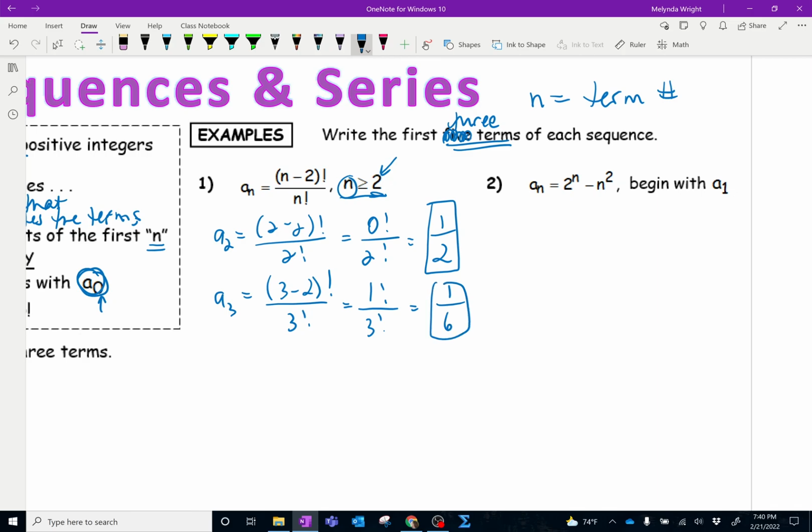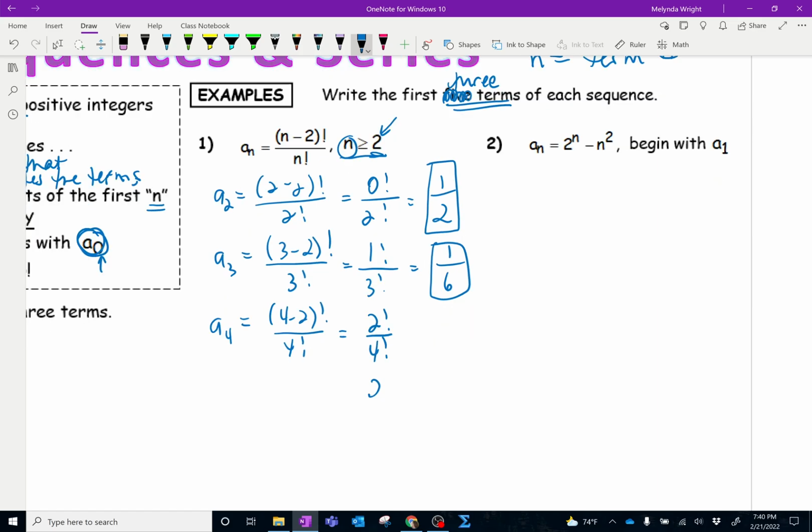Now our third and final term is labeled a sub 4, but technically it's our third term. We plug a 4 in: 4 minus 2 factorial over 4 factorial, that's 2 factorial over 4 factorial. Now I'm going to show you, let's expand this out.